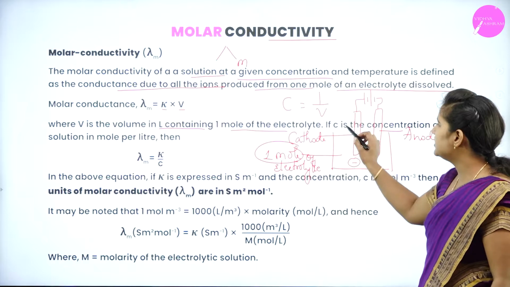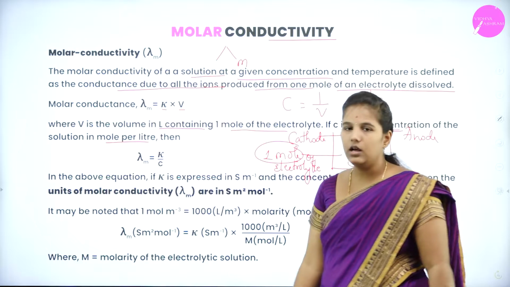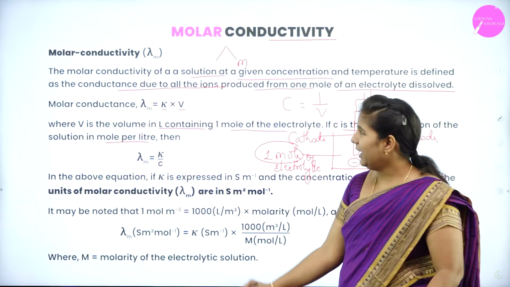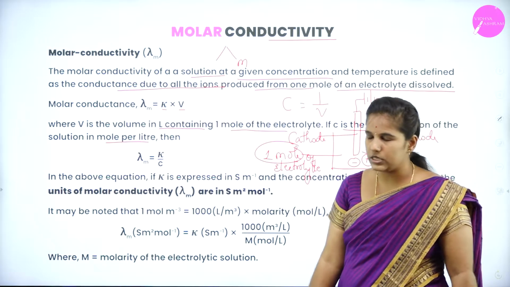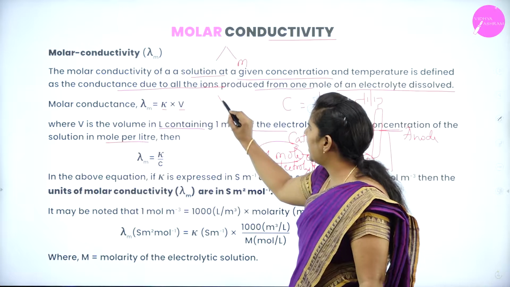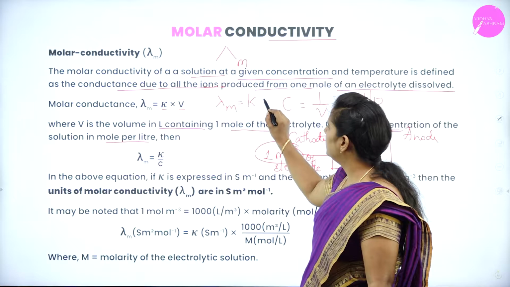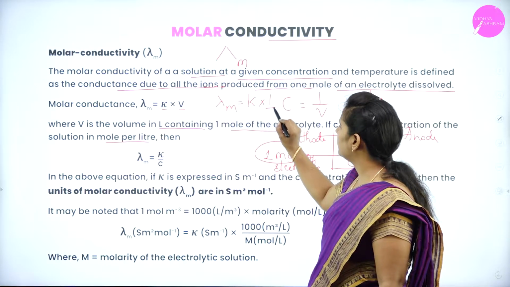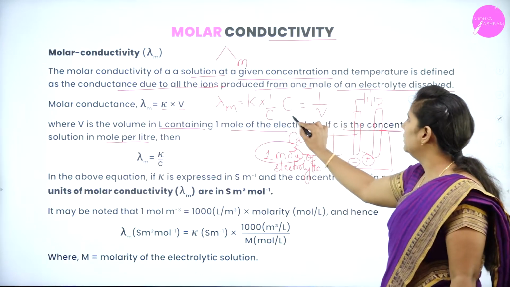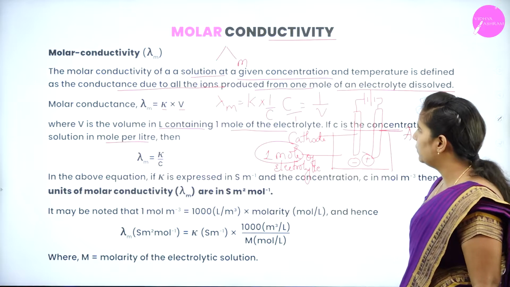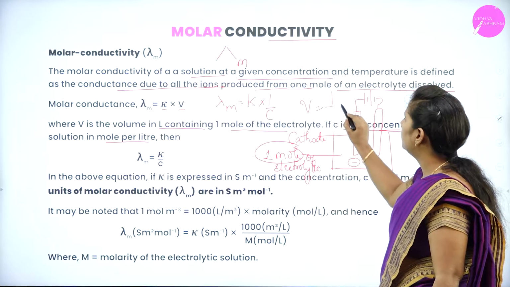So here I'll consider C as the concentration of a solution in mole per liter. So I can substitute the value of V in the above equation. So I can write lambda m is equal to kappa into 1 by C. So you can interchange here: the volume is equal to 1 by C.